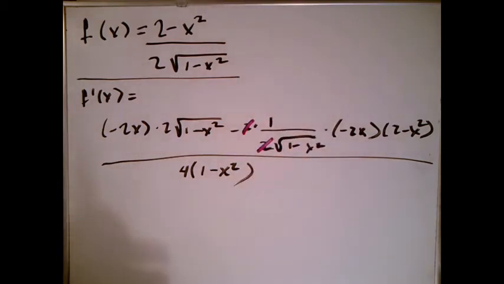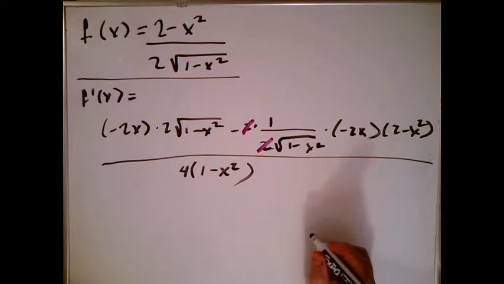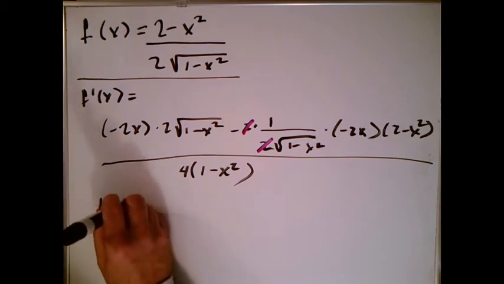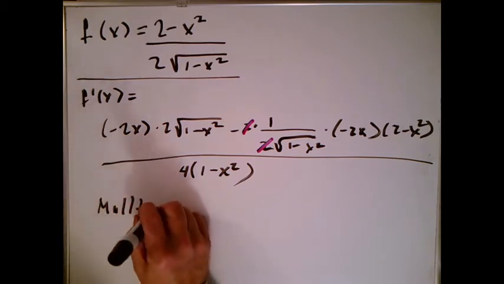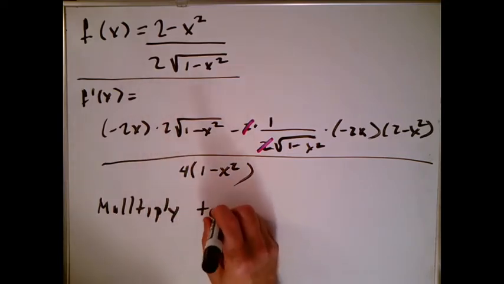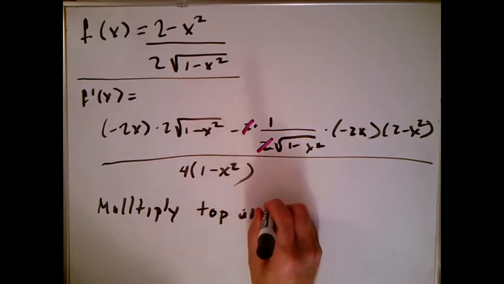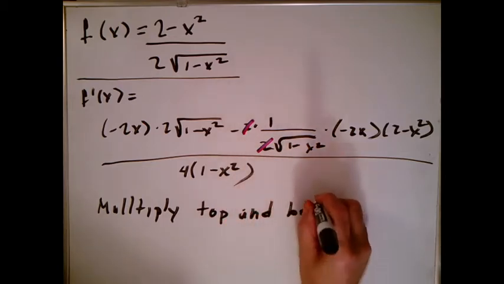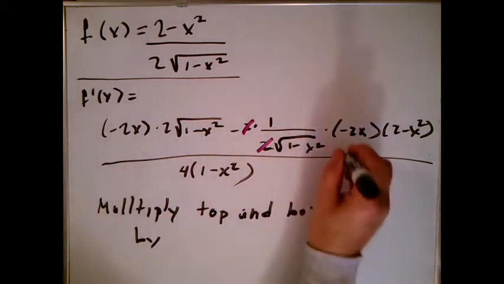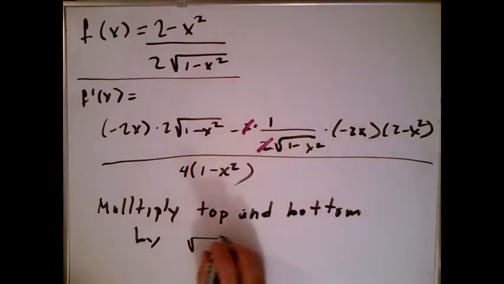But what I'm going to do is multiply the whole top and bottom by that little denominator. So the square root of 1 minus x squared.